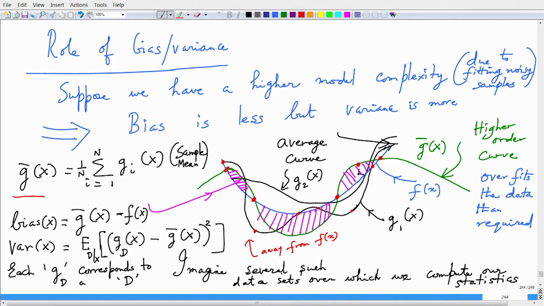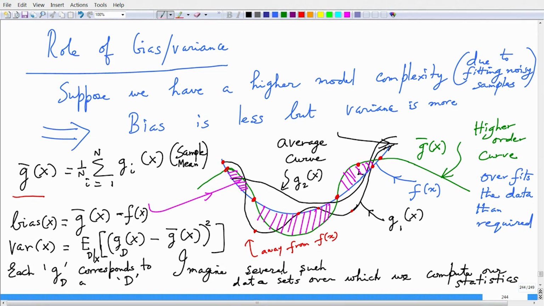We can define two quantities, which is a bias of x, which is given by this average curve G bar of x minus f of x. This is the deviation from the average fit that I have over these data points with respect to the true function f of x, which is unknown.